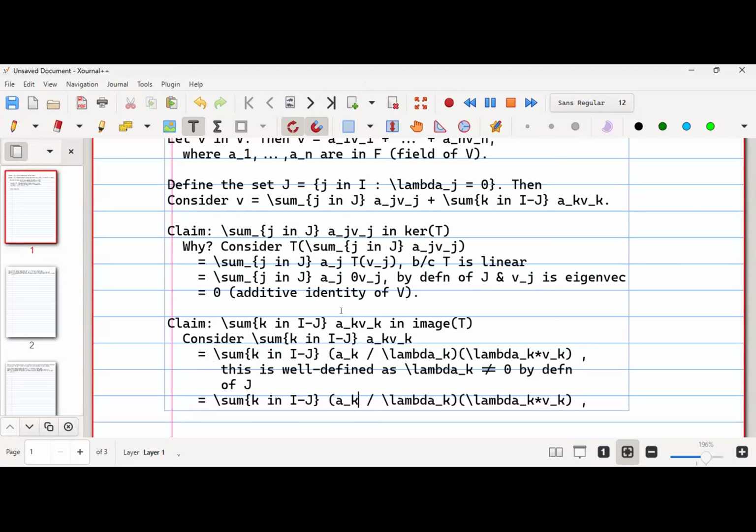Okay. All right, you know what? Forget it. Oh, sorry, I actually erased the wrong part. But yeah, because v_k is an eigenvector, we can do this.